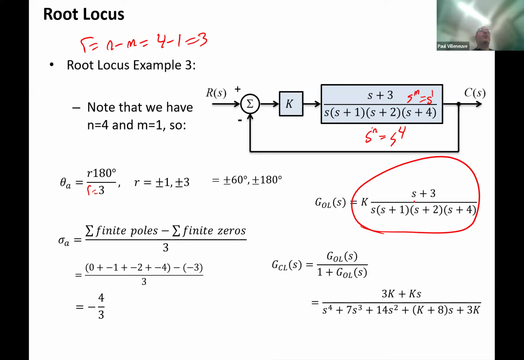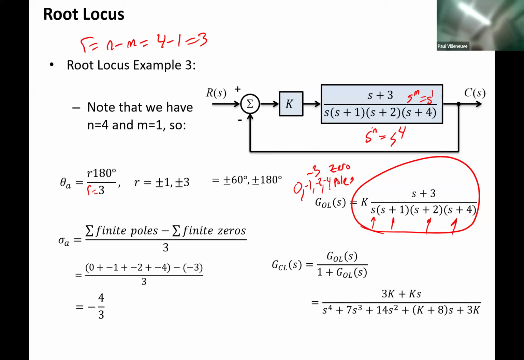Because a zero is what you plug in to force it to 0. Or it's the root of the numerator. So I have -3 as my zero. And my poles, I have 0 for this one, -1 for this one, -2, and -4. And those are the finite zeros, right?